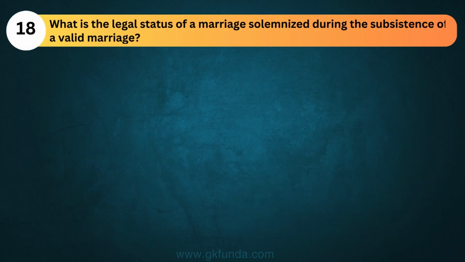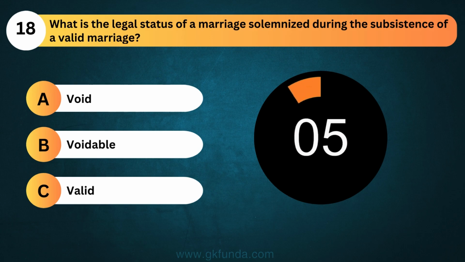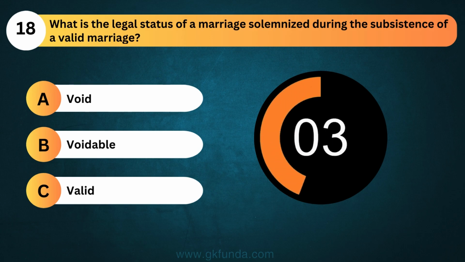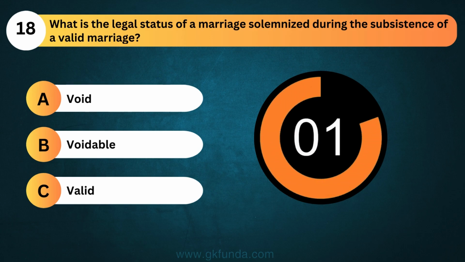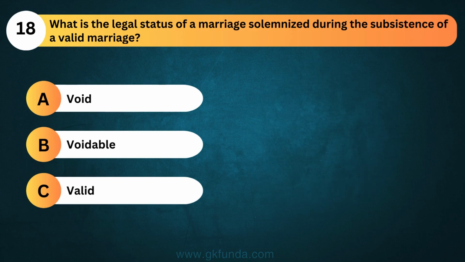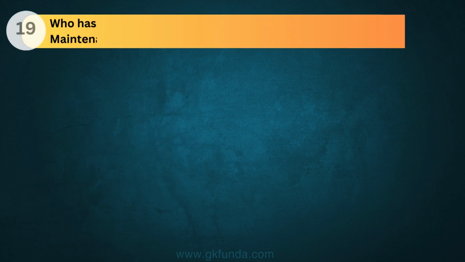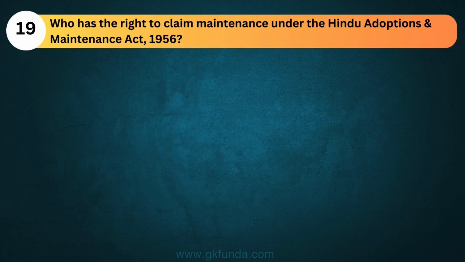What is the legal status of a marriage solemnized during the subsistence of a valid marriage? The answer is option A, void. Who has the right to claim maintenance under the Hindu Adoptions and Maintenance Act 1956?